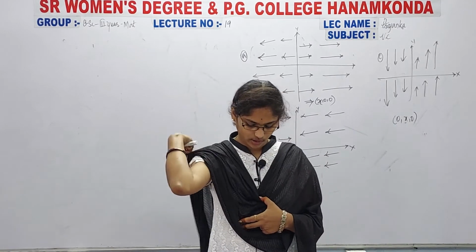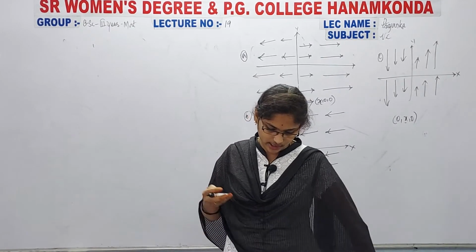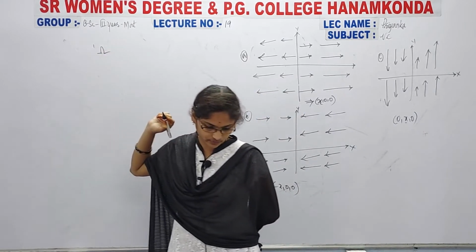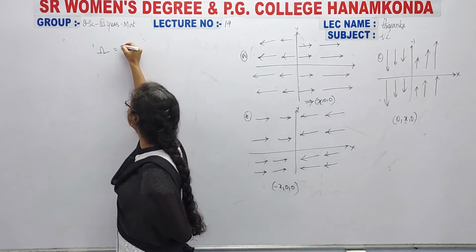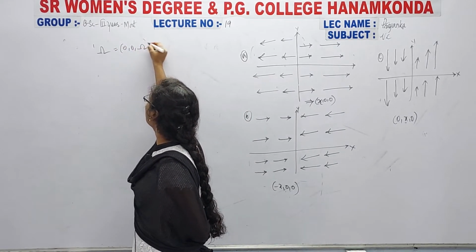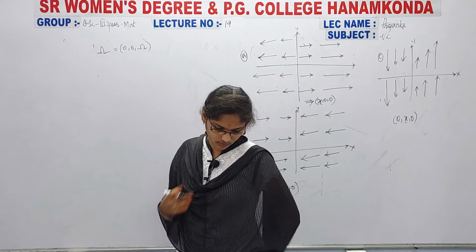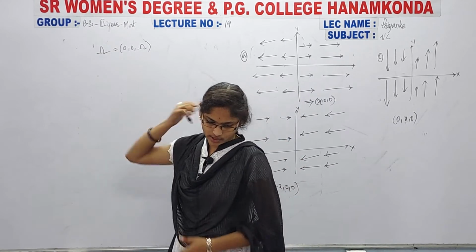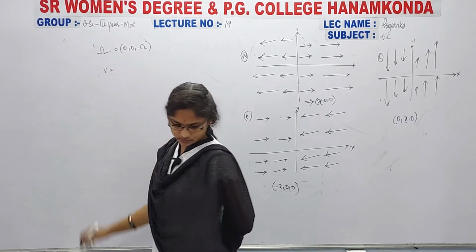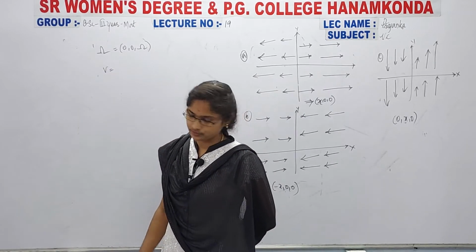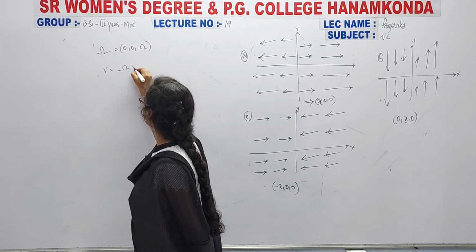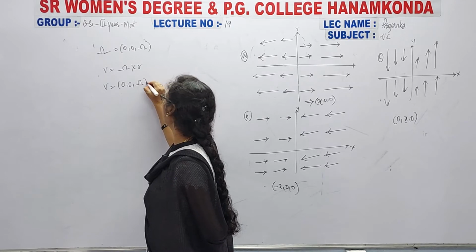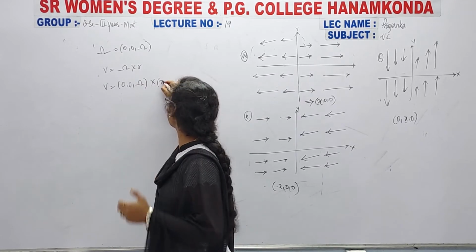Choosing the z axis in the direction of omega, omega equal to 0 comma 0 comma omega, and hence v equal to omega cross r, that means v is equal to 0 comma 0 comma omega cross x comma y comma z.